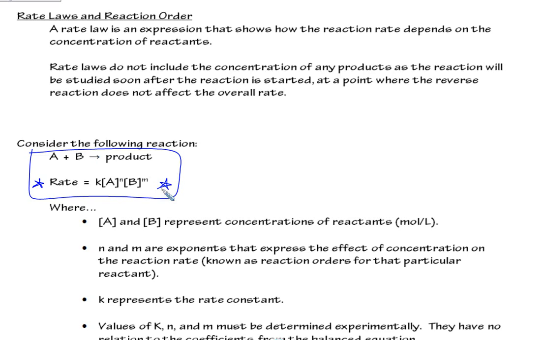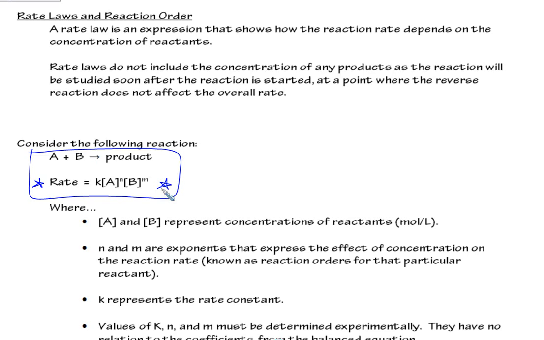We don't want to study any of that. So we often study these reactions soon after they're started, so that the reverse reaction really isn't significant, and hopefully we're just going forward, turning reactants into products. So we're really only going to study the concentration changes on the reactant side.